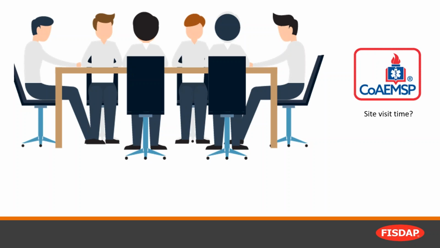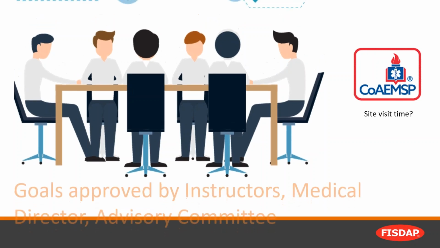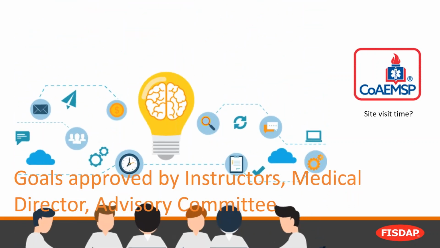And so there's been a lot of hype around that, particularly with the release of Appendix G. I just want to remind everybody that the recommendations in here are really goals that are approved by the program director, the instructors, the medical director, and the advisory committee, and that hopefully you're doing a little bit of research to figure out what is realistic in your program. But setting goals of, for example, 0 would probably not be very conducive to your students graduating and taking good care of patients.